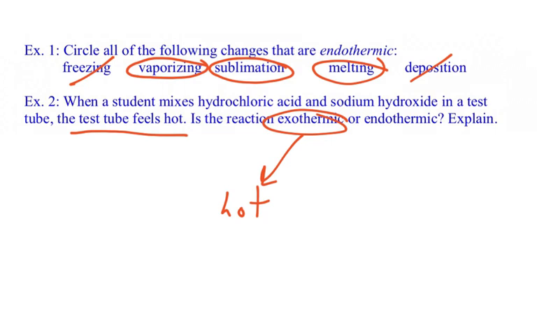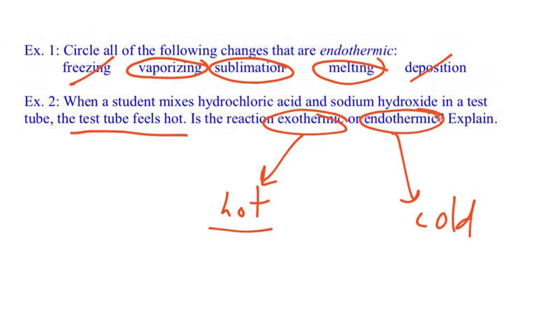And that's going to be the explanation. Had the test tube felt cold, okay, then it would have been endothermic. But in this scenario, the test tube feels hot because in the chemical reaction, heat is being released, and the release of that heat causes the temperature of the test tube to go up, therefore it feeling hot.